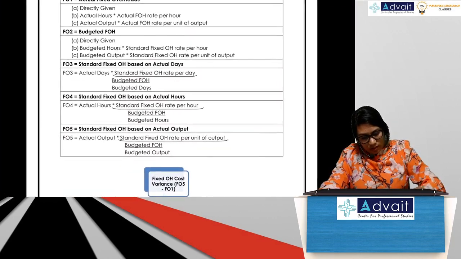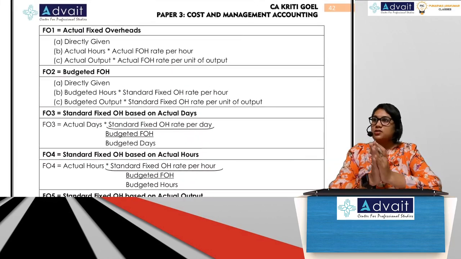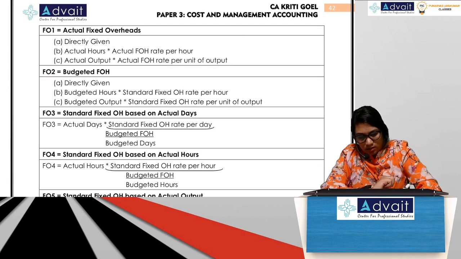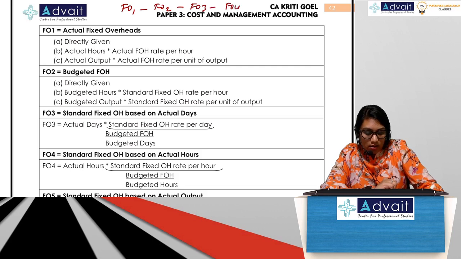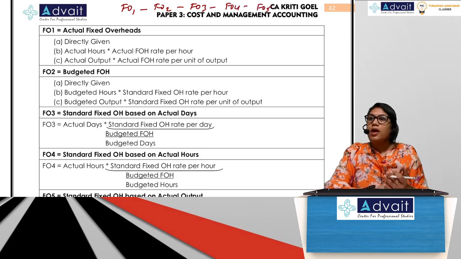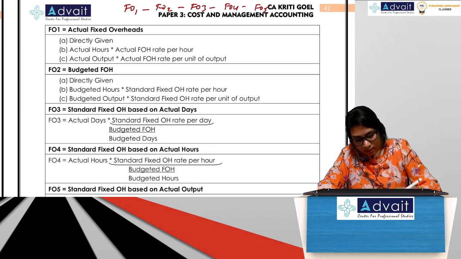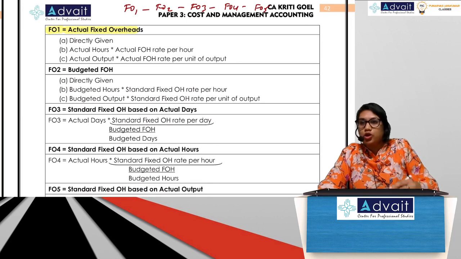So now coming to fixed overheads. Guys, this is fully different. Fixed overheads has five variants: FO1, FO2, FO3, FO4, FO5. Let's see what FO1 is: actual fixed overheads.